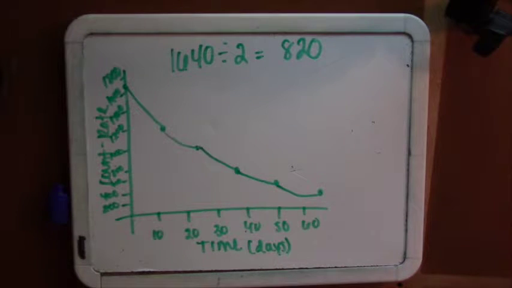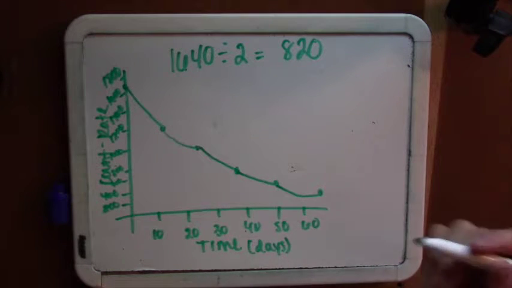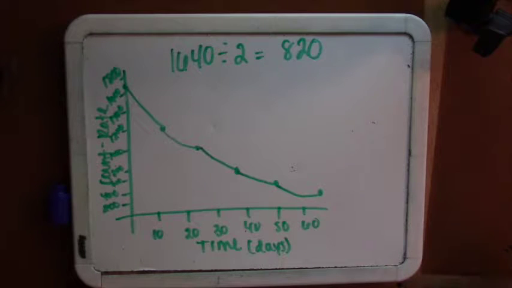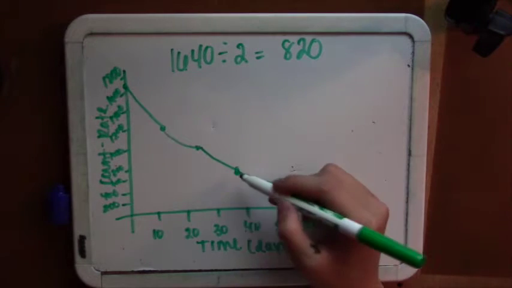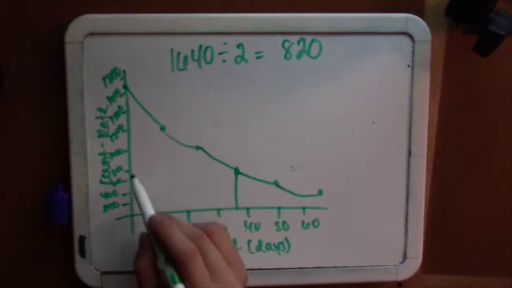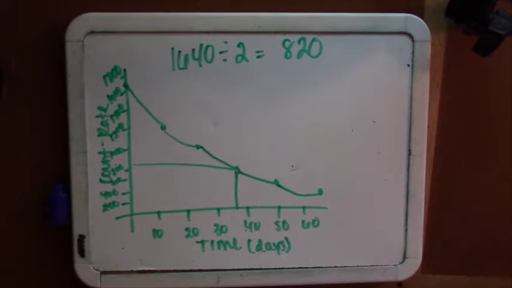And to help you find the original count rate, you can draw a horizontal line to the curve. So if this is my third one here, you draw one here and one here, and that'll get you your original count rate.